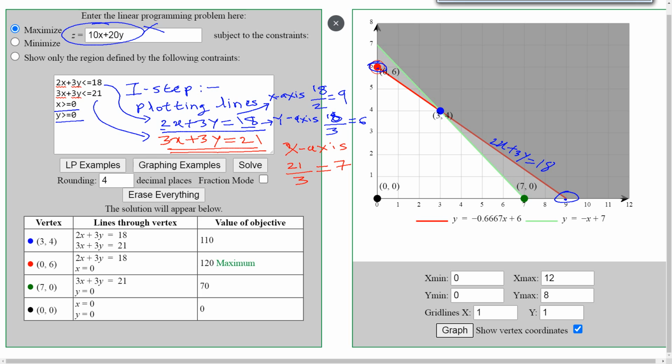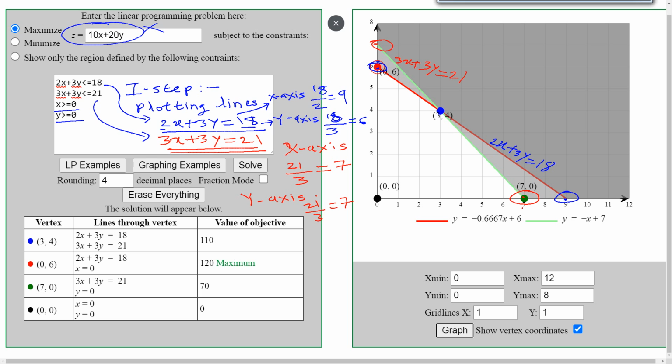So we get a point 7 on the x-axis. The point on the y-axis is given by c upon b, which is 21 upon 3, again equal to 7. So we get another point 7 here. We draw a line joining these 2 points, point 7 on the x-axis and point 7 on the y-axis, and this line represents the equation 3x plus 3y is equal to 21.